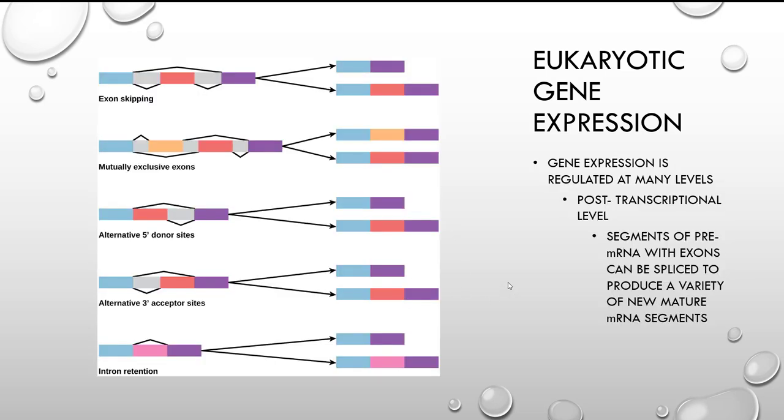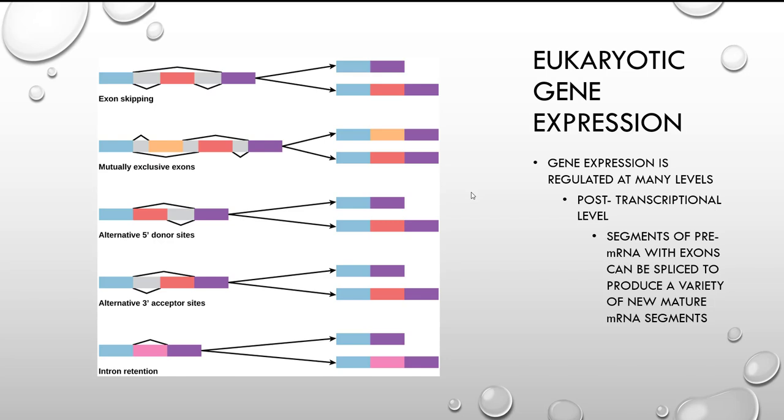Another way that gene expression may be regulated is at the post-transcriptional level for eukaryotic cells. So with eukaryotic cells, remember with the RNA processing, we have segments of the pre-mRNA that get spliced out, okay? So we have the introns, they get spliced out, right?